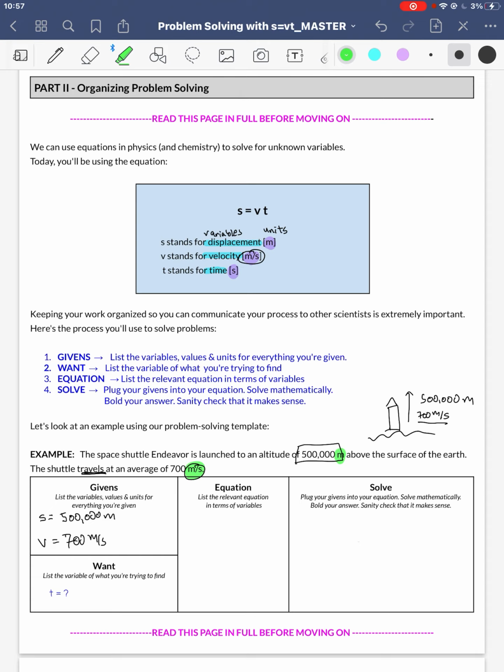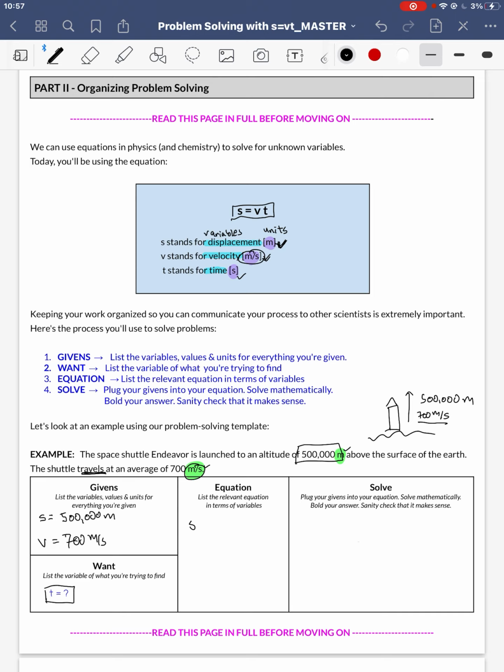If we did not have meters per second, you would want to convert to the correct unit. Meters per second. These are the units that you want to use when you're using this equation. So in this case, we already have meters and meters per second, so we are good to go. The variable we're trying to find is time.